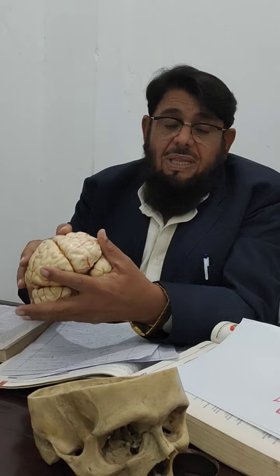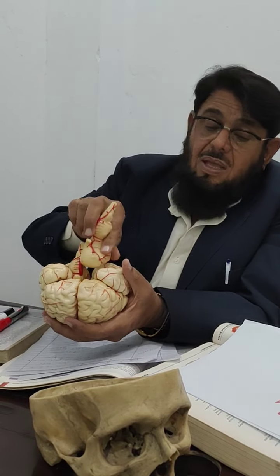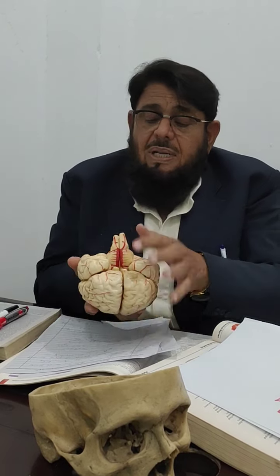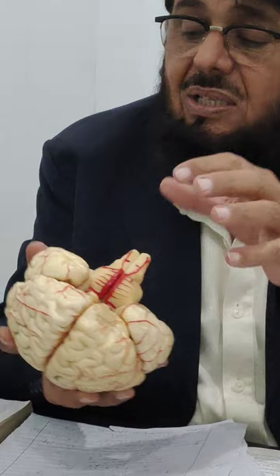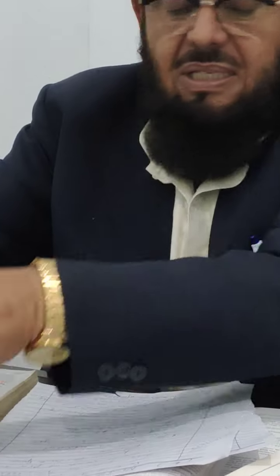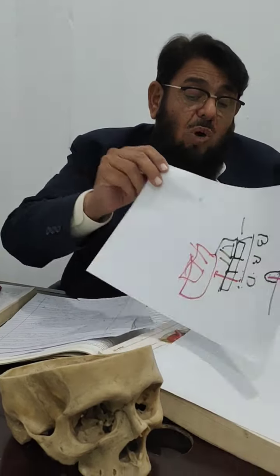Then the two vertebral arteries coming from this side, and the two internal carotid arteries coming over here, these four arteries anastomose with one another. You can see it over here.